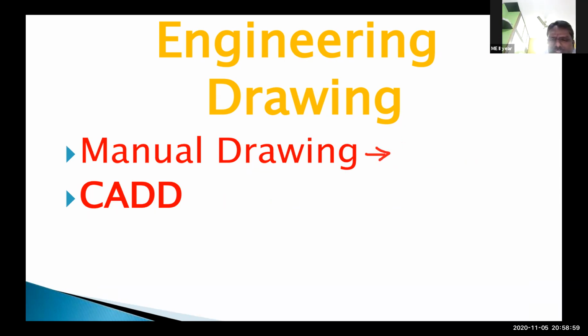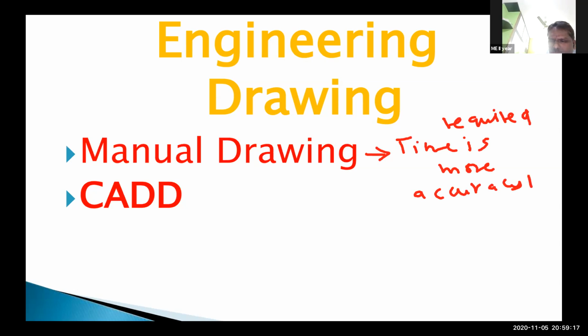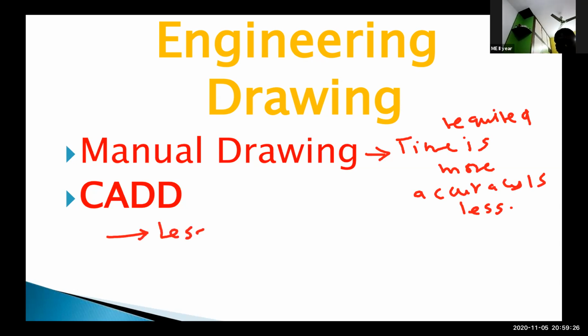So with manual drawing, time required is more. Accuracy is less. With CAD, less time is needed.